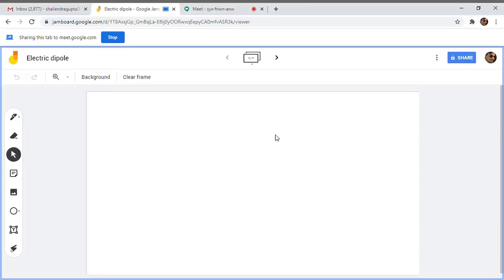There, many times we get charges distributed in such a way that two charges, let us say plus q and minus q, are displaced by a distance d.